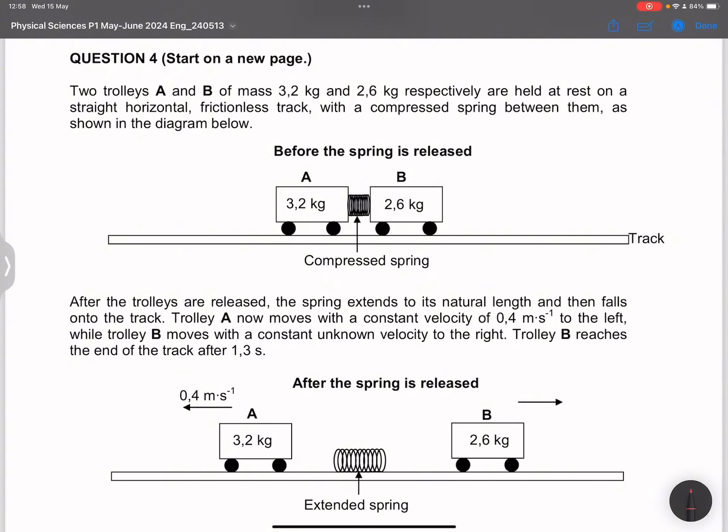They say trolley A now moves with a constant velocity of 0.4 to the left, as we can see on the diagram, while trolley B moves with a constant velocity to the right. They say trolley B reaches the end of the track after 1.3 seconds.